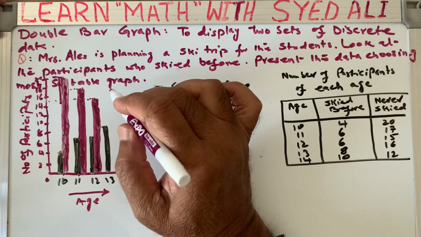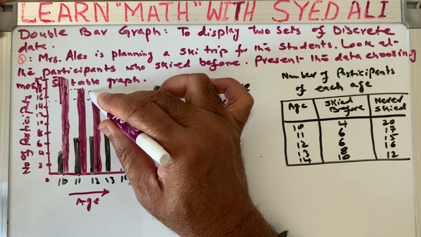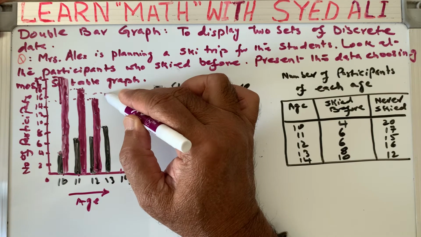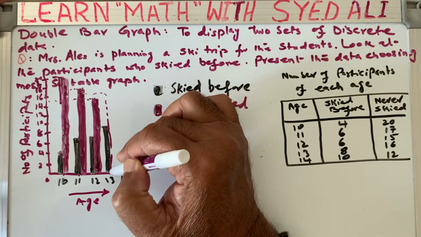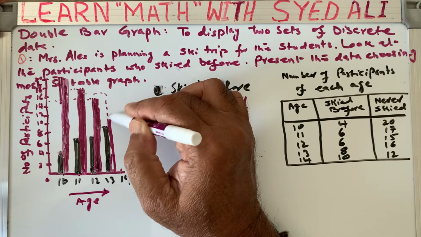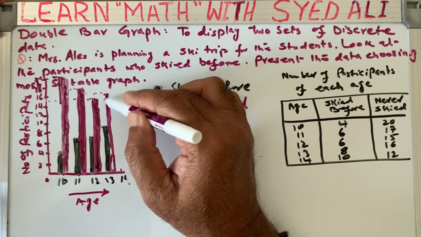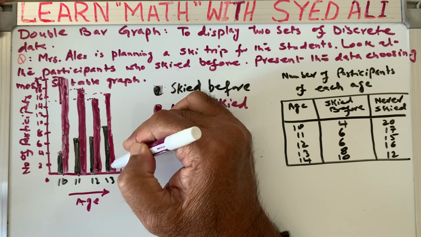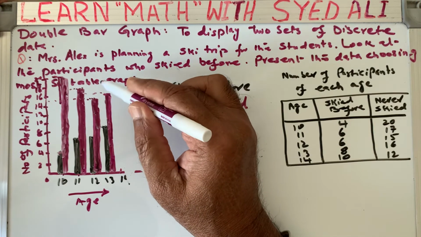So 16 is somewhere here. So I have to go from here and take a straight line here, and then I can make a bar graph for the age. So this is my bar graph, straight enough, I think.